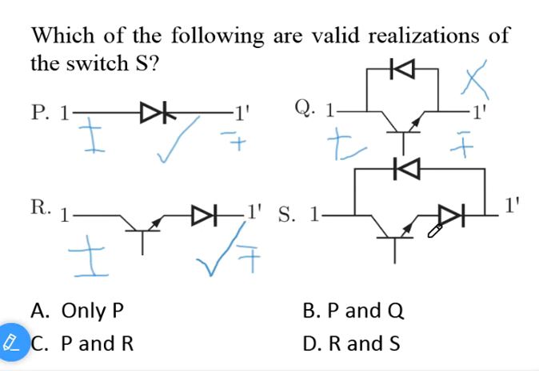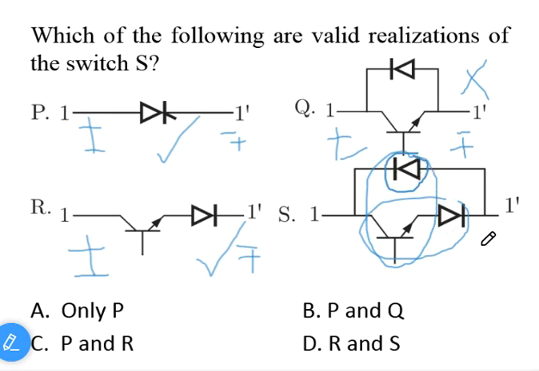Let us look into the fourth choice. Here there are two diodes. This is like case C, and this is like case B. But as discussed in case B, this will not be able to block the reverse voltage.